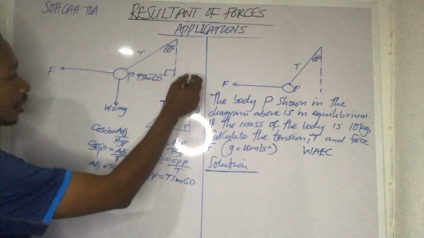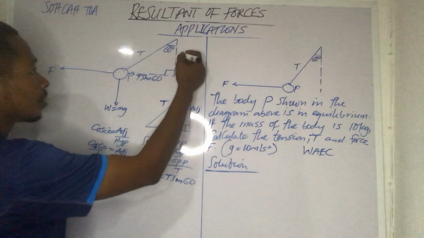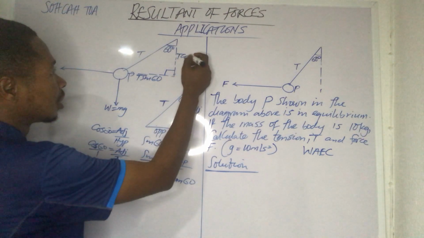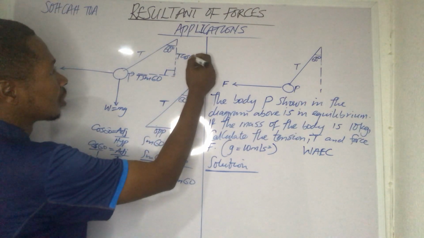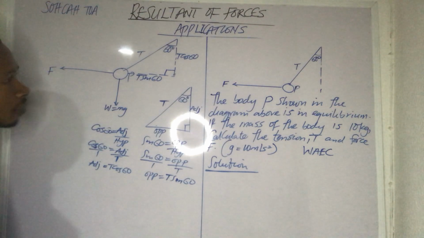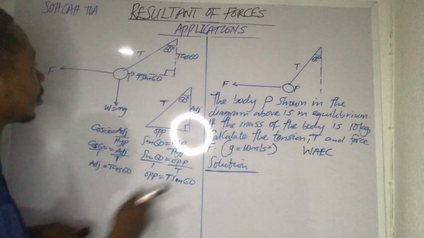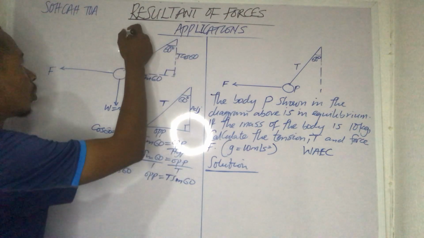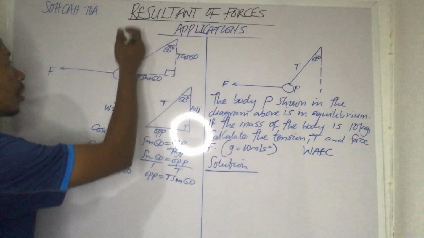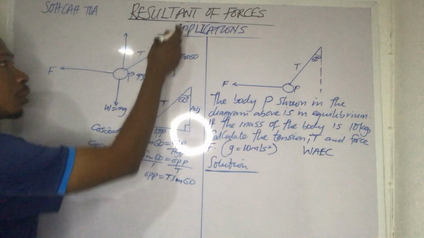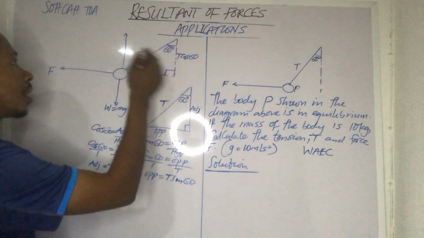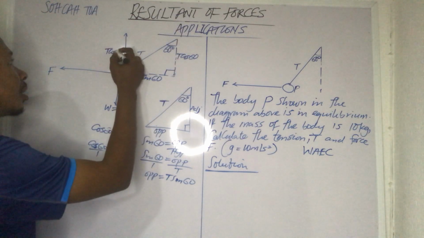That means this adjacent now is T cos 60. That means this place is T cos 60. And don't forget that this side will be equal to this side, because this place will be equal to this place. If there is a force acting like this, it must be equal to this. So this place now is T cos 60.